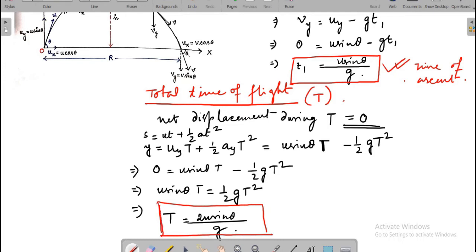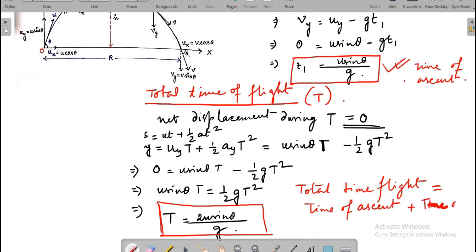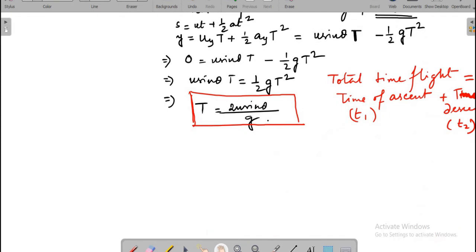Okay. Now what is total time of flight? Total time of flight is equal to time of ascent, that is time of rise, plus time of descent. T1 is the time of ascent, and this is T2. Now we have found T is equal to 2u sine theta by g and T1 is equal to u sine theta by g.